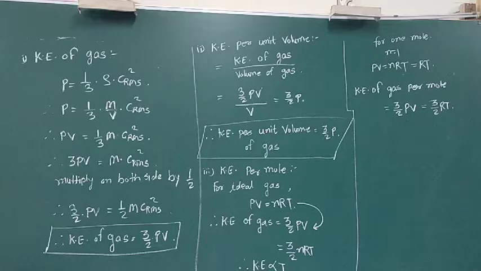Therefore, kinetic energy is directly proportional to T, which means kinetic energy depends upon temperature. For 1 mole, n is equal to 1, so PV is equal to RT. Therefore the kinetic energy of a gas per mole is equal to 3 by 2 PV or 3 by 2 RT.